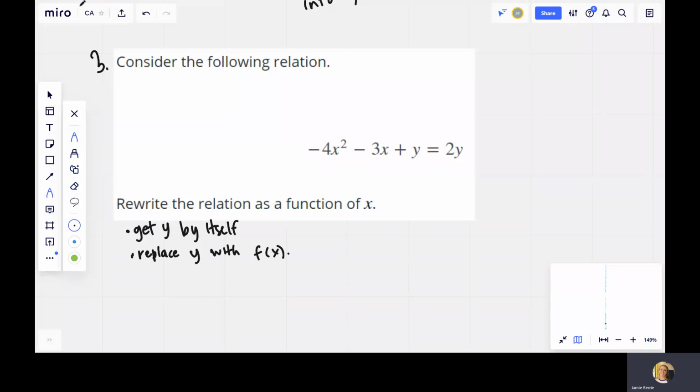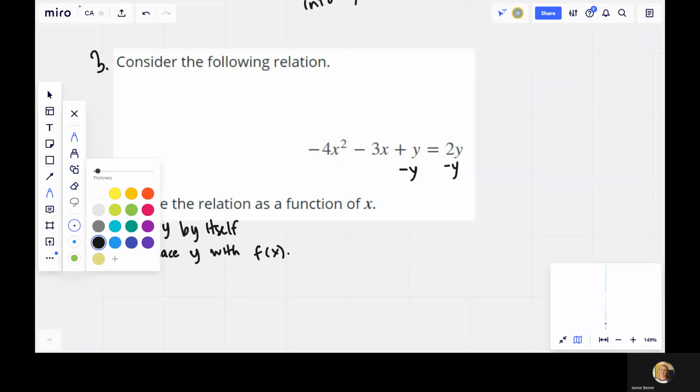Okay, so let's work on this. Looks like all we're going to have to do is just move this little y over. So let's subtract y from both sides. I forgot to read this to you, but it says negative 4x squared minus 3x plus y equals 2y. Sorry about that. All right, so those cancel out on the left-hand side.